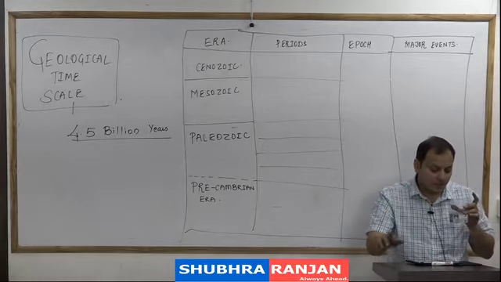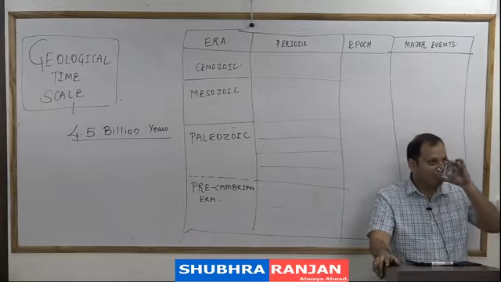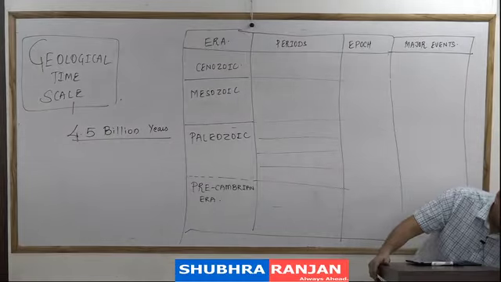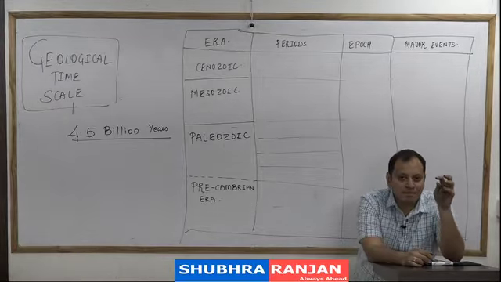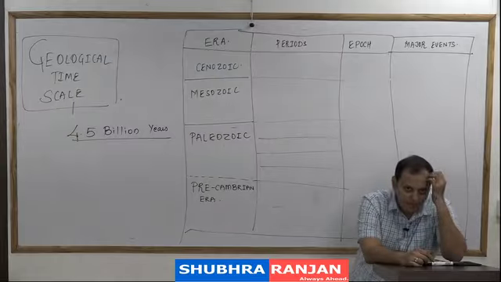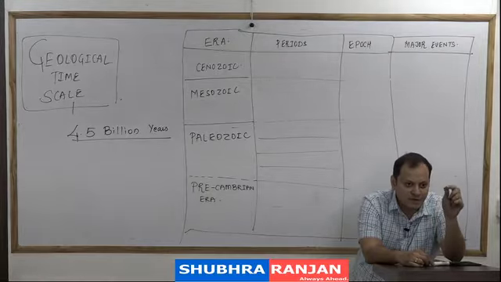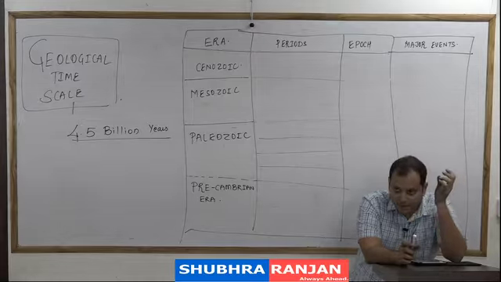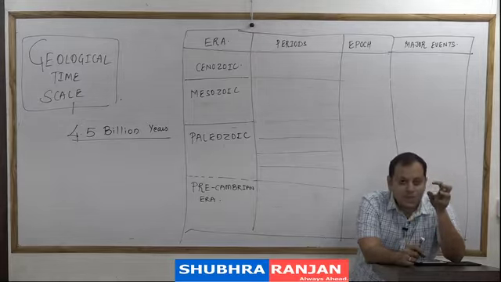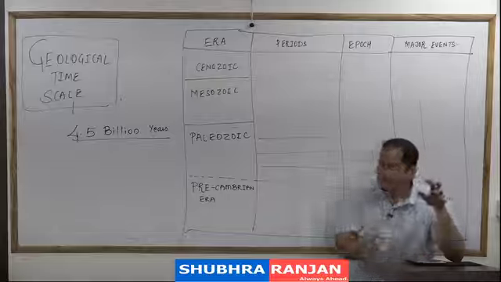Precambrian में ही next point, around 2,500 million years ago, blue green algae originated.